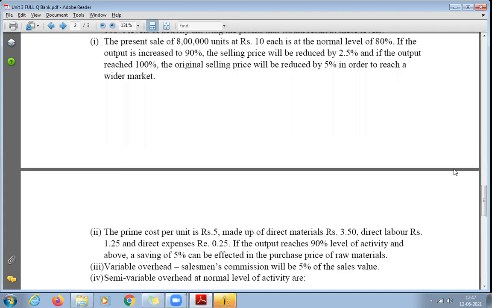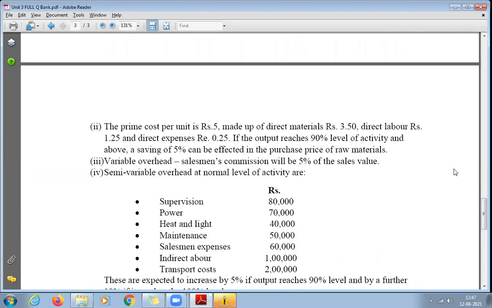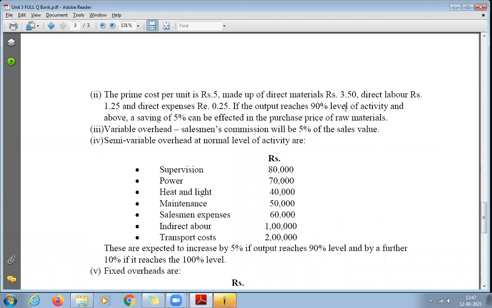So sales is over. Next, prime cost has given us 5 rupees. That is how I got 5 rupees: direct material 3.5, labor 1.25, and expense is 0.25. When I add all that, I'll get 5 rupees. And this is telling for normal level. And if the output reaches 90%, this 5 rupees is going to reduce, because they're going to save 5% on purchase price of raw material.